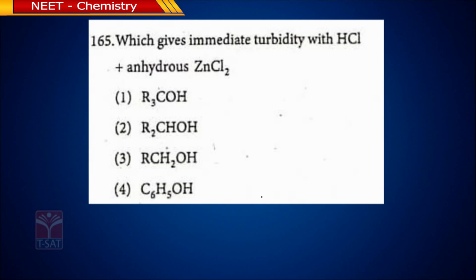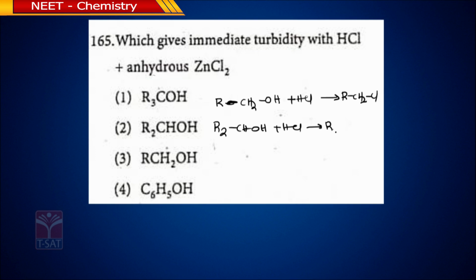Next, which gives immediate turbidity with HCl and anhydrous ZnCl2. Generally alcohols react: RCH2OH plus HCl in presence of ZnCl2 gives RCH2Cl. R2CHOH reacts with HCl and forms R2CHCl, and R3COH also reacts with HCl and forms R3CCl.